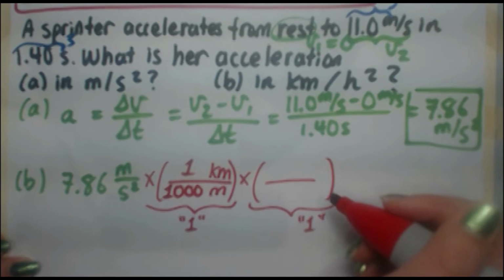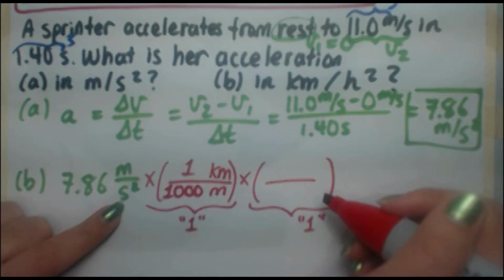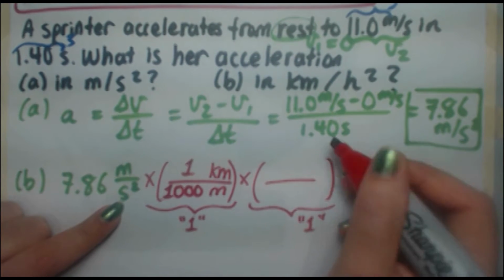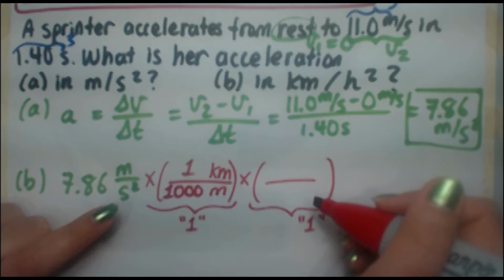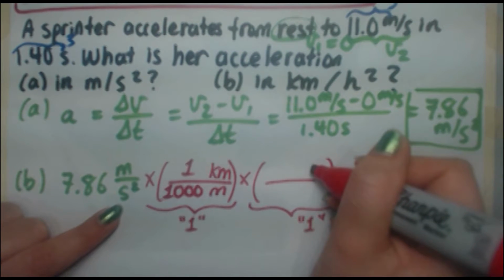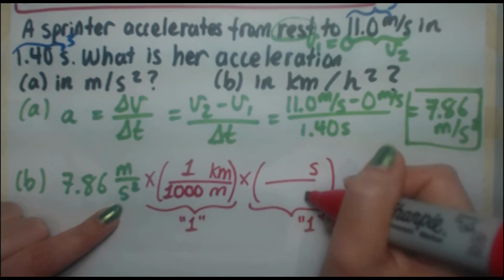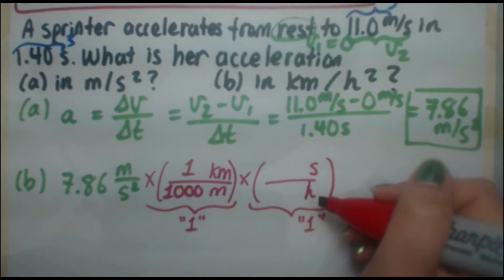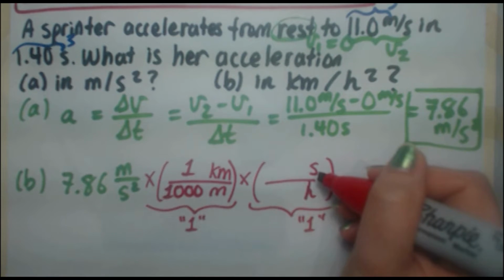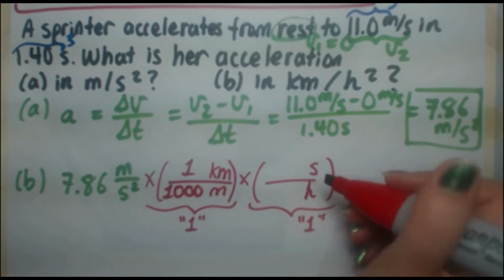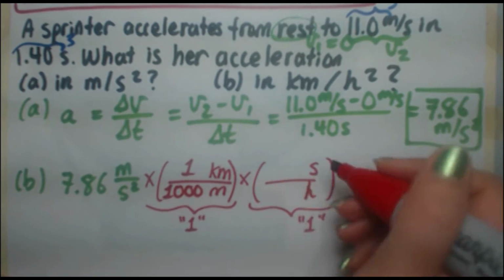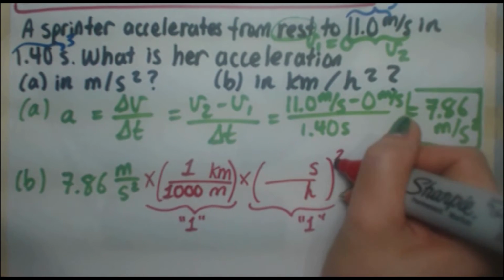Next we're going to get rid of the seconds because we want hours squared. To get rid of seconds, I'm going to put seconds up here, and I'm going to put hours on the bottom. Notice if I put an S here, it'll only cancel with one of the S's down here. So in fact, I need this to be squared.